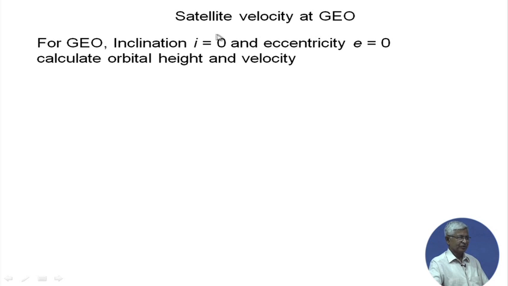For GEO, the satellite velocity at GEO, that is what we will calculate, that is geostationary orbit. The inclination what we have seen just now is 0. That means the orbital plane and the equatorial plane are the same, on the same plane, and the eccentricity of the orbit is 0. So, apogee is equal to perigee. With these two conditions let us try to calculate orbital height and velocity.